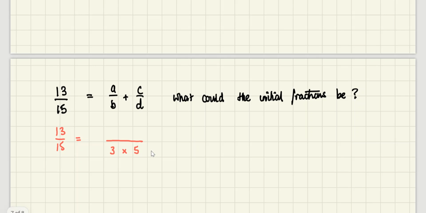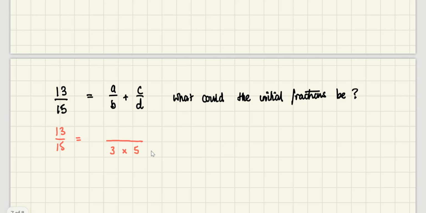What we're then going to look at is, what impact does that have on the numerators? What would happen here when I end up with the denominator factorized?